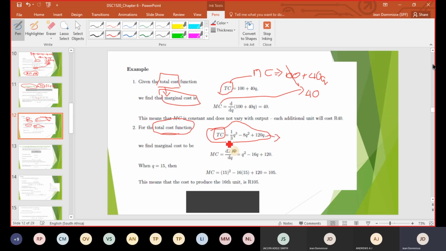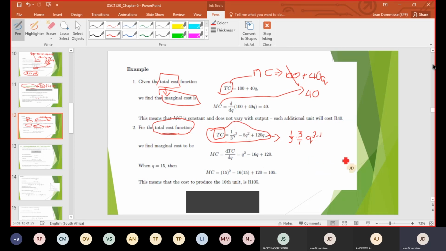So let's start differentiating. So we have the 1/3, so we multiply that by 3. How I normally like to write it is 3/1, so that we can just cancel things out. The normal way, Q minus 1.